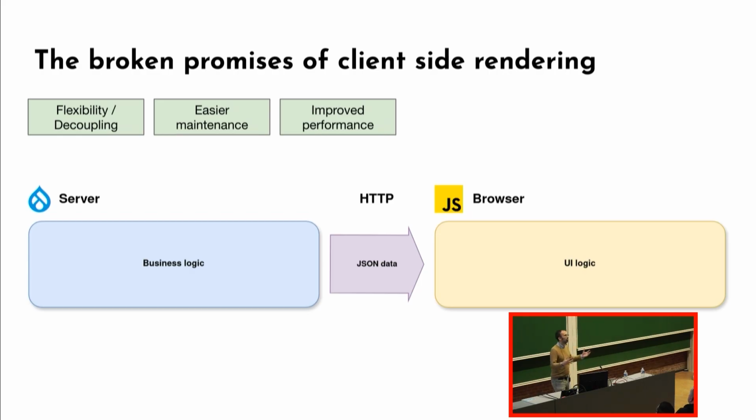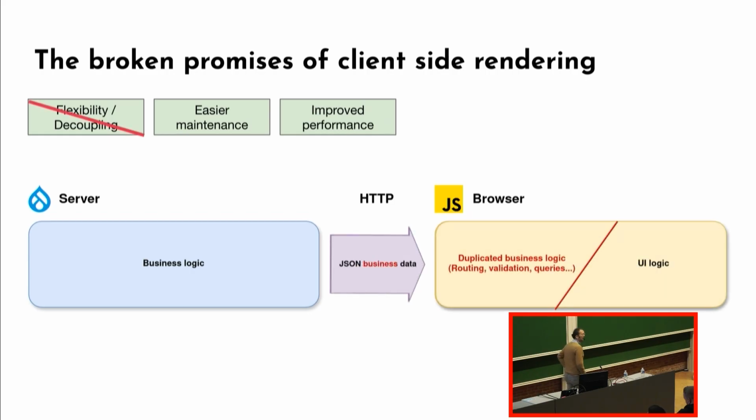First, we were sold flexibility and decoupling. You see, if you do headless, you will be able to decouple your application between UI logic and business logic. Is it true? All the headless projects I've seen have business logic in the browser's part, in the JavaScript code.